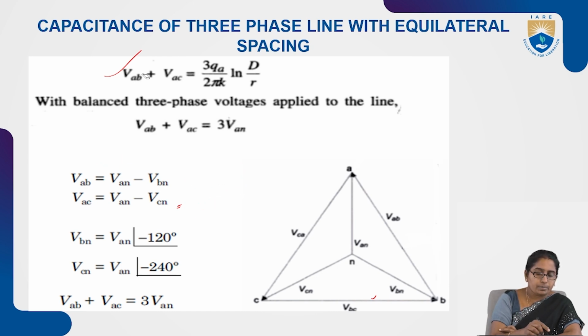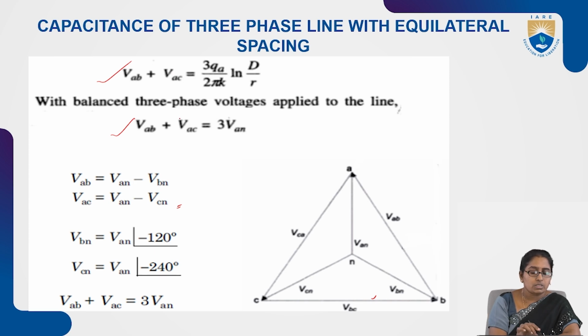Now, next step. We already derived one expression, and also for a three-phase balanced system we know that the sum of these two voltages will be equal to 3 VAN. So next, what we do is equate the two.